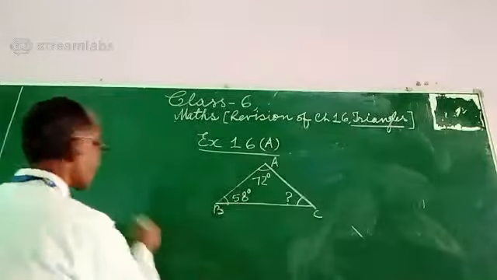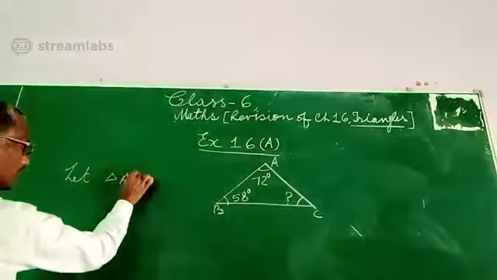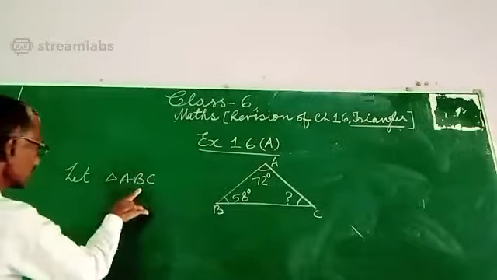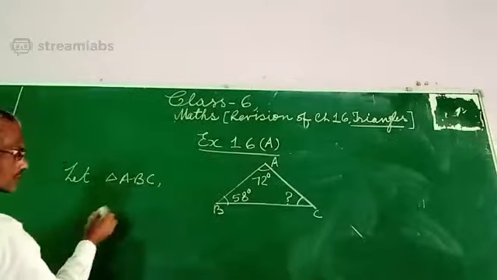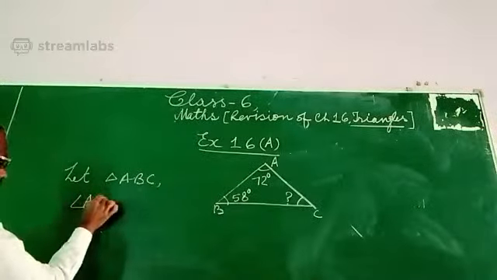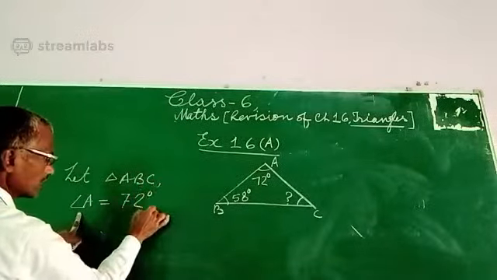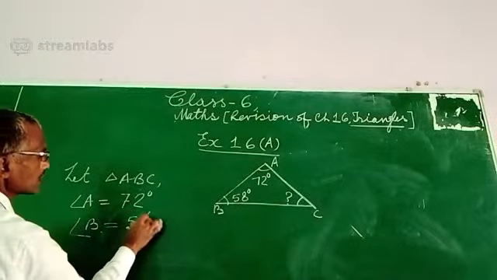We will write here, let ABC be the triangle. Measure of angle A is 72 degree, measure of angle B is 58 degree.